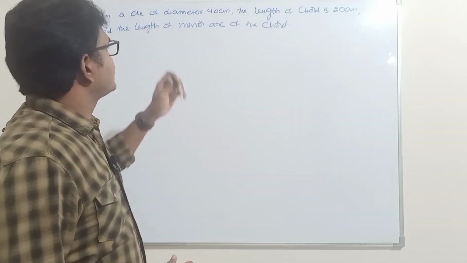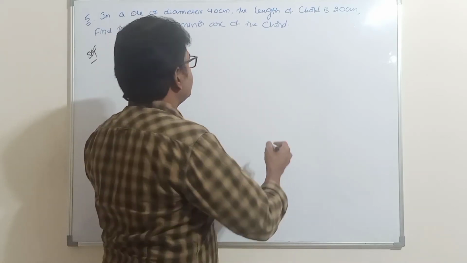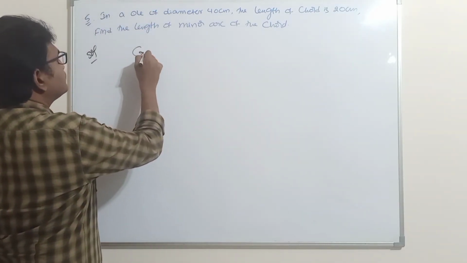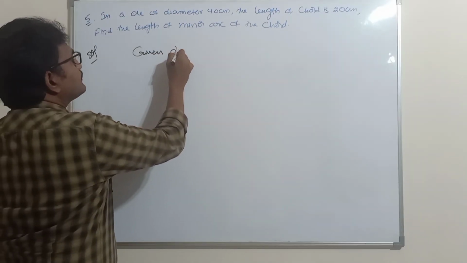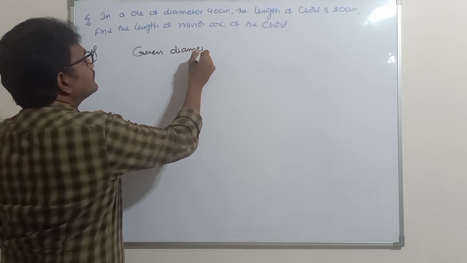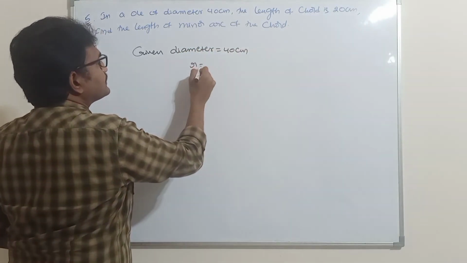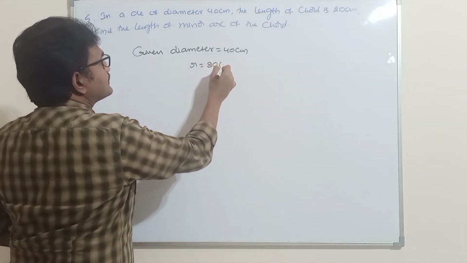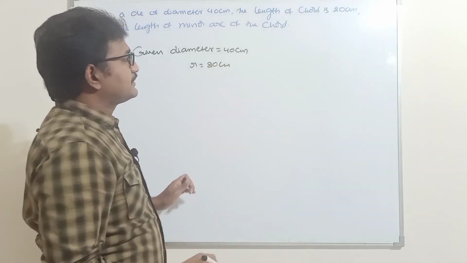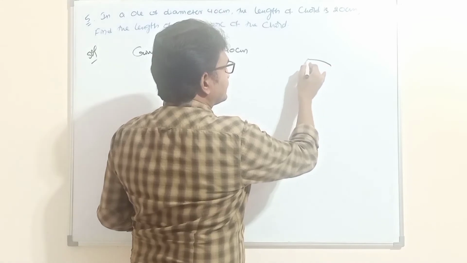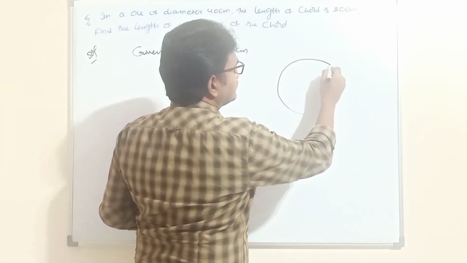Next problem. In a circle of diameter 40 centimeters, given diameter is equal to 40 centimeters. That means the radius is how much? 20 centimeters. The length of the chord is 20 centimeters. This is a circle.